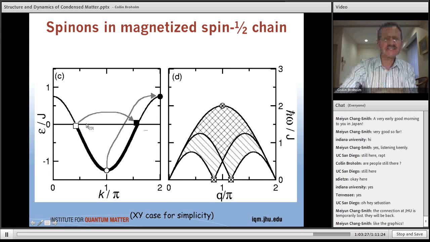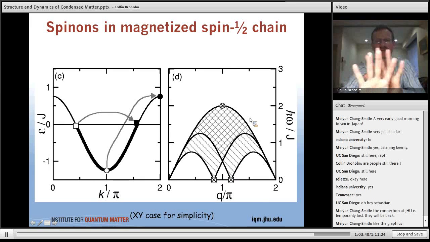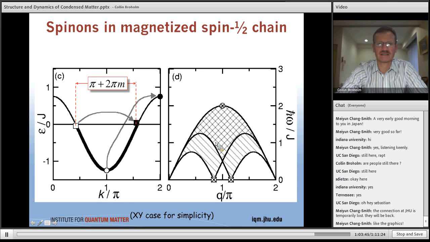So this deviation from pi being the lowest energy excitation causes some havoc in the nature of this two-particle bounded continuum. And this is what we expect to see, actually. It's sort of like becoming a little boss-eyed from what we'd seen previously as a result of magnetizing the system.